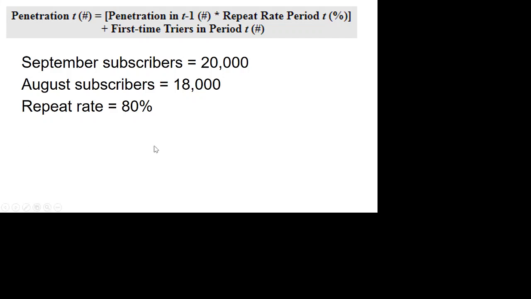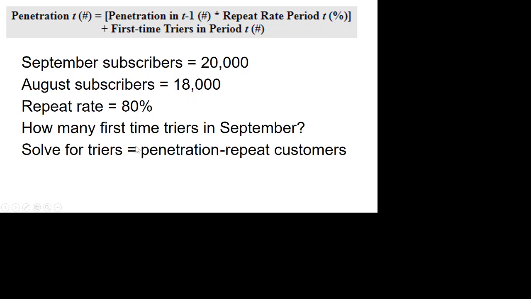Basically, you're going to solve for the triers. It's going to be penetration minus repeat customers, and that equals your triers. So for September, this is your penetration, the number you're expecting this period. Last period, you had 18,000.